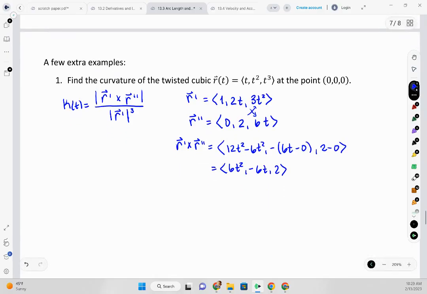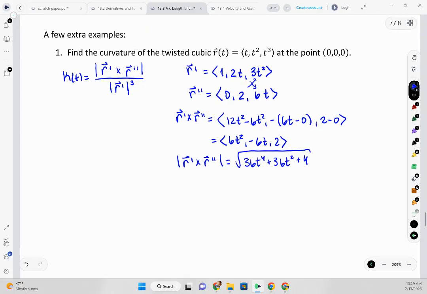Now I need the magnitude of this. So the magnitude of r prime cross r double prime is going to be the square root of 36t to the fourth plus 36t squared plus 4. And then what else do I need?